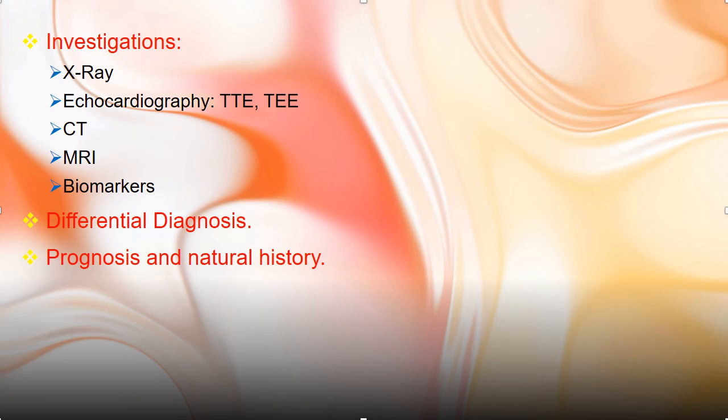So follow-up by CMR or CT is usually every 2 to 3 years. Rupture is very rare if the size is less than 4 centimeters. That's why we have to do follow-up visits for patients with aortic aneurysms.